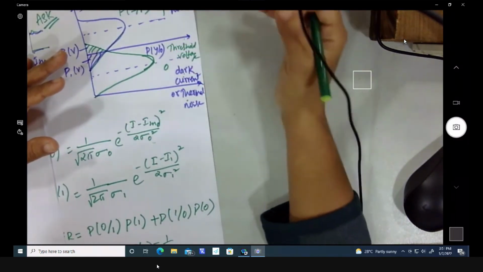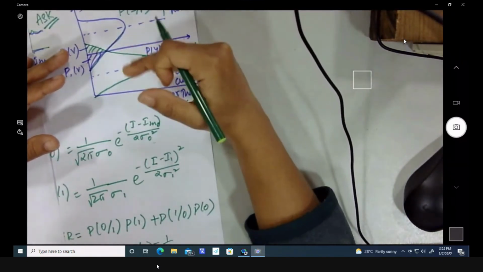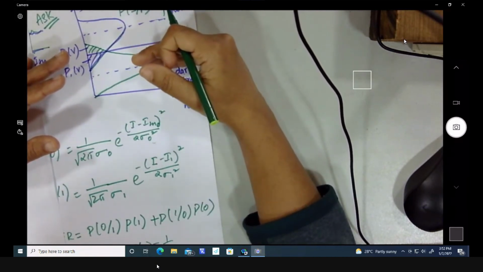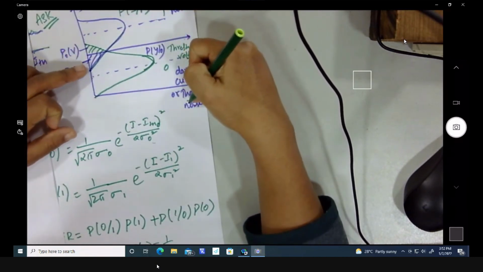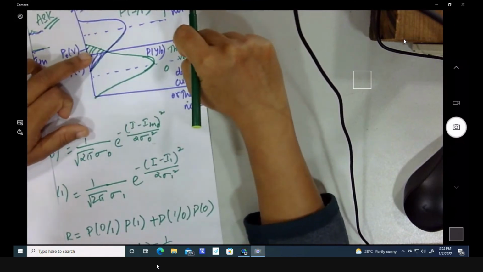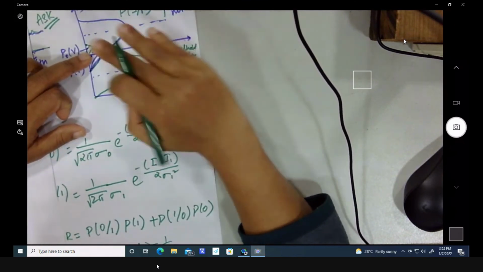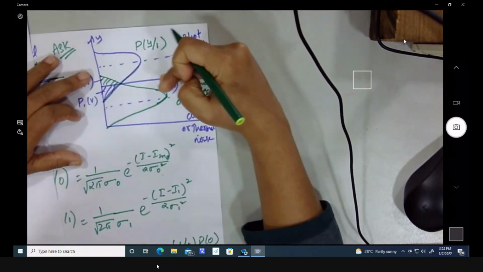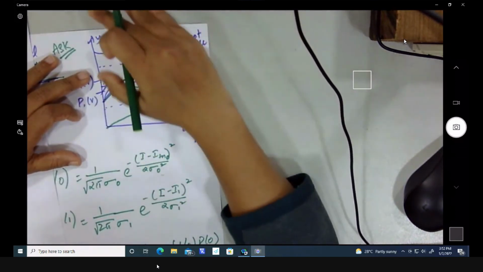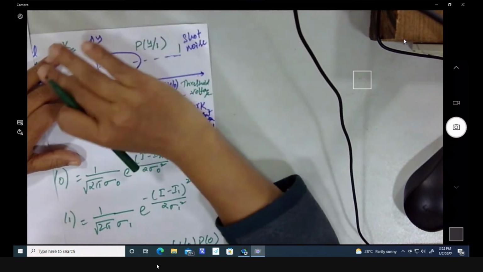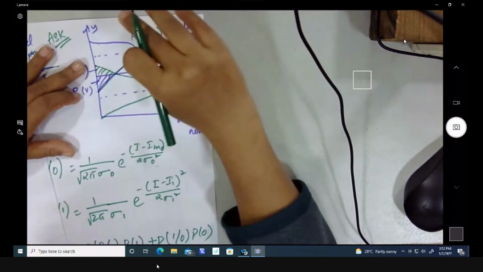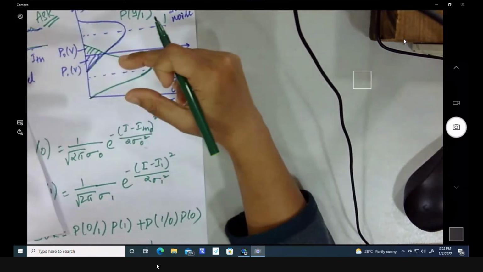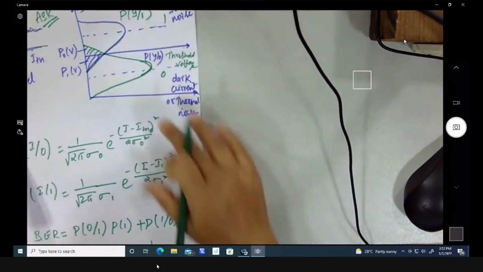That should be below the threshold voltage, no? Below the threshold voltage or below the threshold current. So from minus infinity to this threshold current or voltage, we consider that as 0 detection, and from this threshold level to plus infinity, we consider that as 1 detection. So if 1 has been transmitted but it falls in this region, then we are going to detect it as 0.